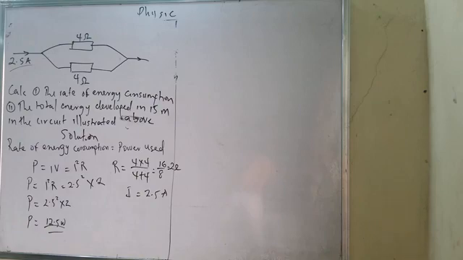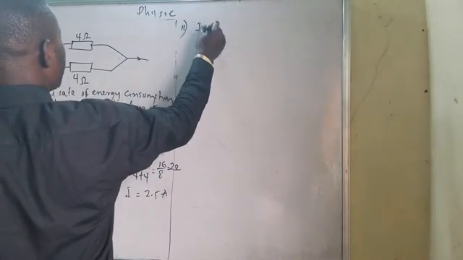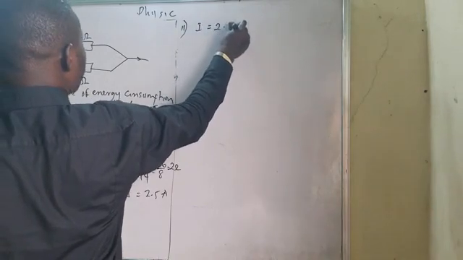Number 2. How do I get number 2? We are looking for the total energy developed in that time. It means I have my current. My current is 2.5 ampere.